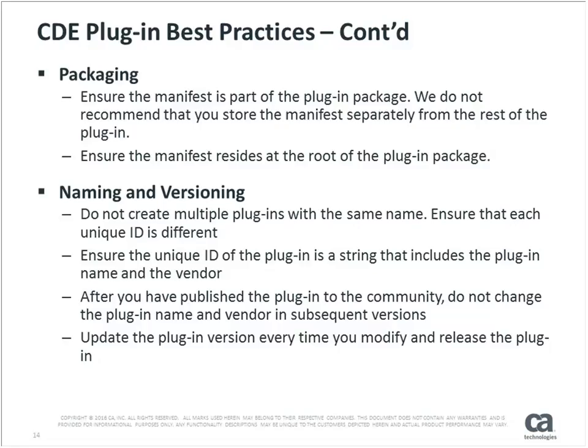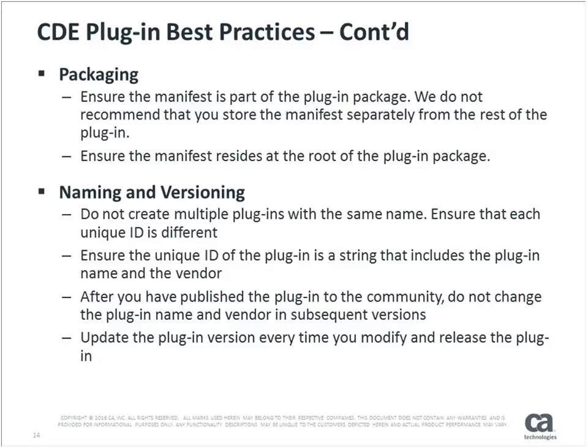Also make sure the unique ID of the plugin is a string that includes the plugin name and the vendor. Again, that is important. And you saw that when I was showing you that we have it set up in the same method, where you have this com.ca prefix and the plugin's actual name that we're trying to accomplish.